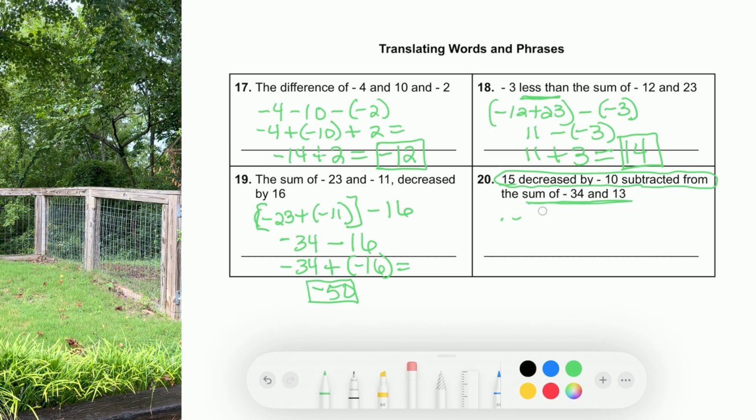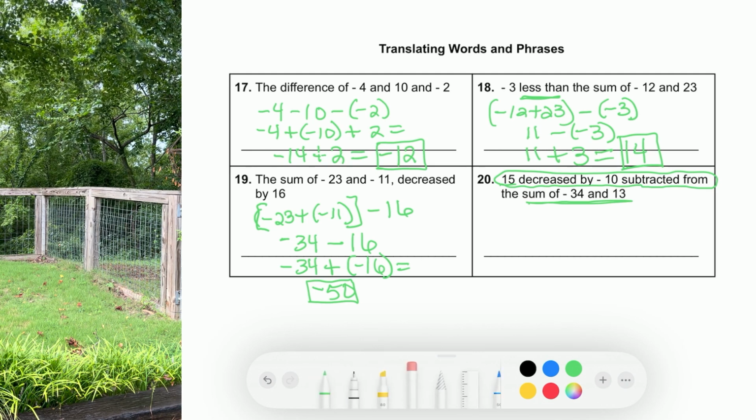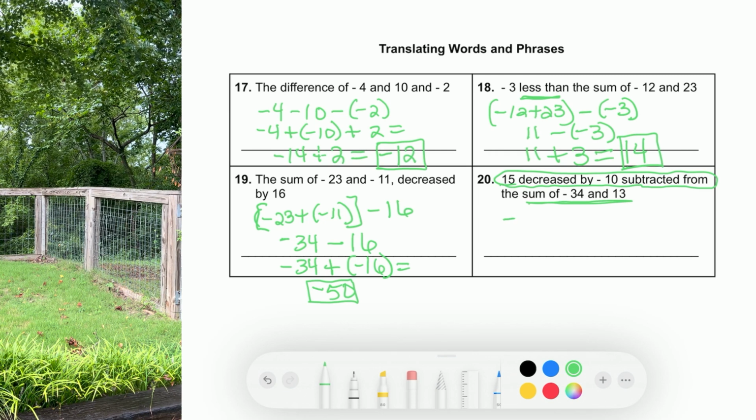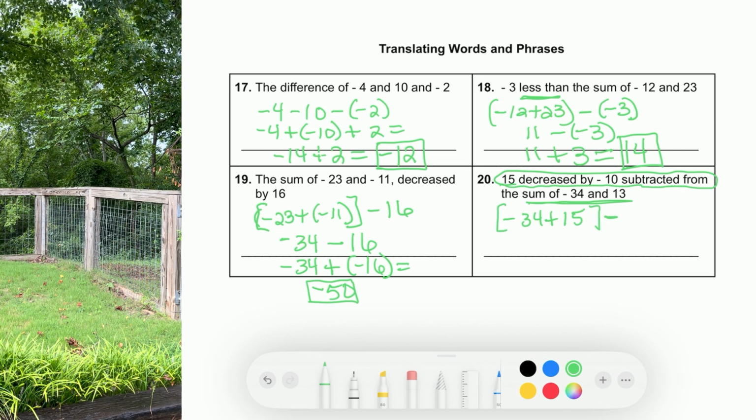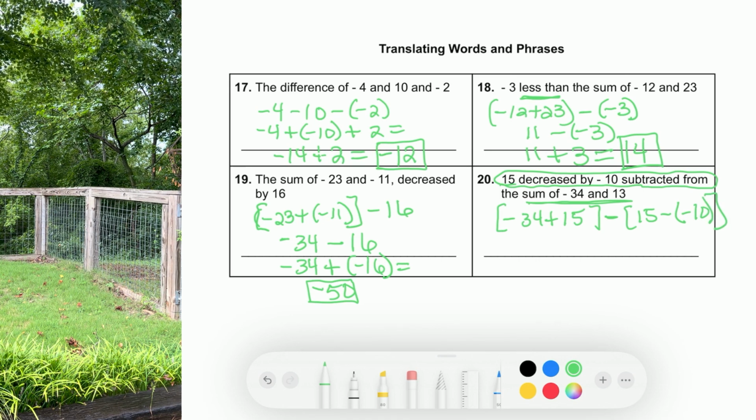So I'm going to erase my 15 minus. I'm going to start over here. Okay, so the sum of negative 34 and 13. That's the first part. The subtracted from part now is going to be our 15 minus negative 10.